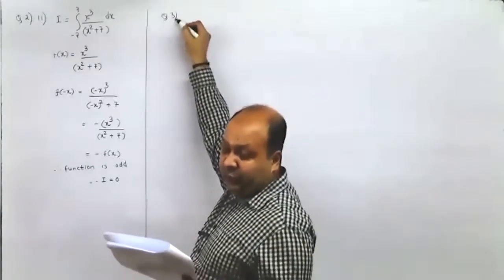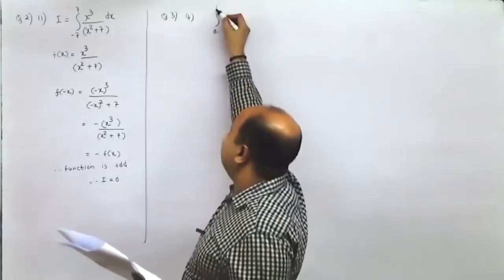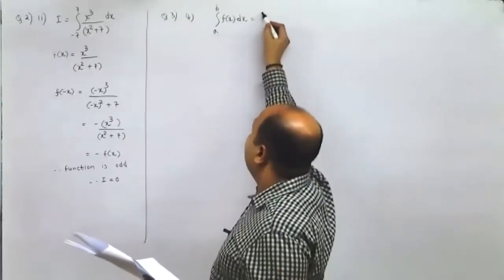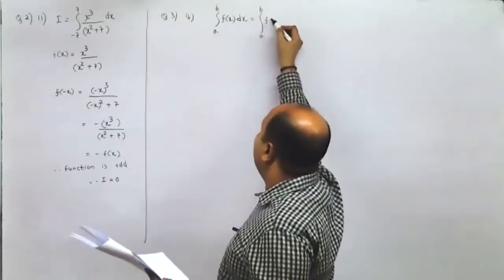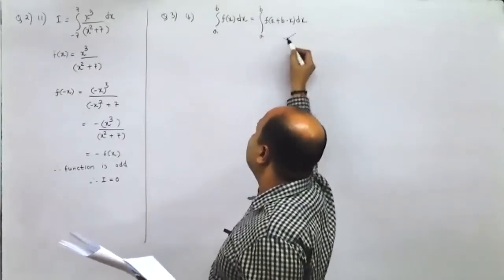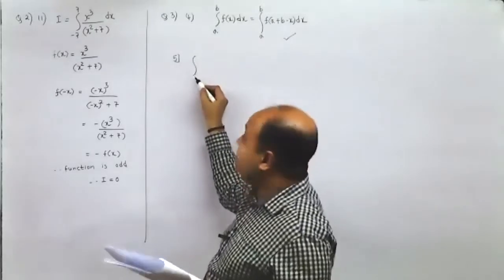Question number 3, fourth part, is where you have integral a to b f of x dx. It is equal to integral a to b f of lower limit plus upper limit minus x dx. So this formula is correct. Then the fifth one, this should have been 0 to 2a.